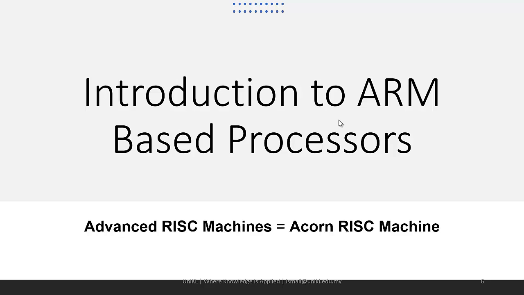One advantage of them is the rich instruction sets, so it's easier for us human beings to understand and do the programming using the assembly language rather than with the RISC machines.